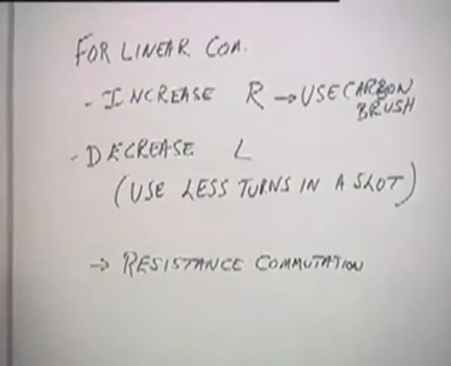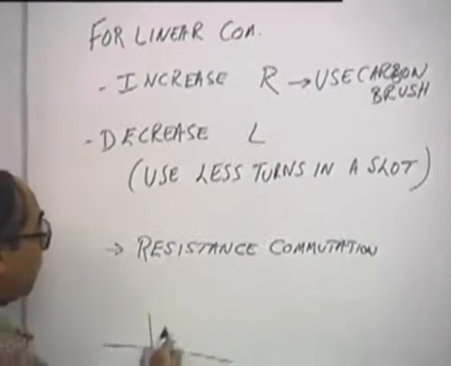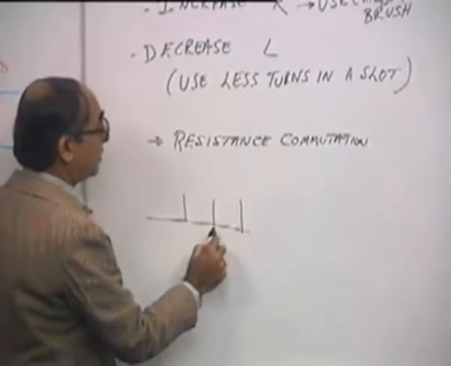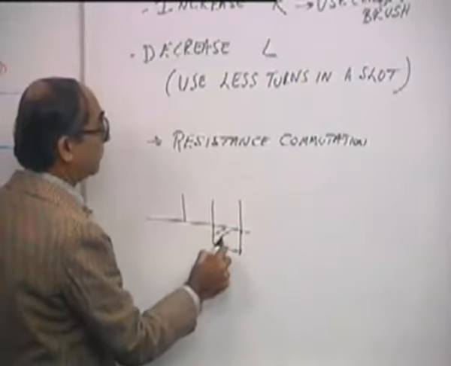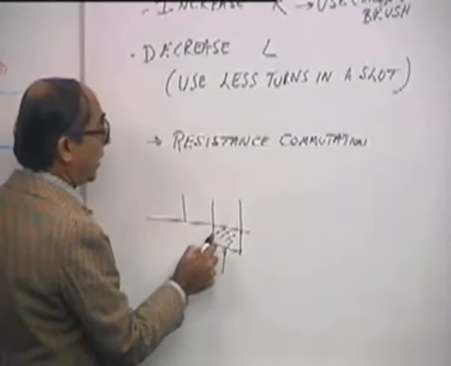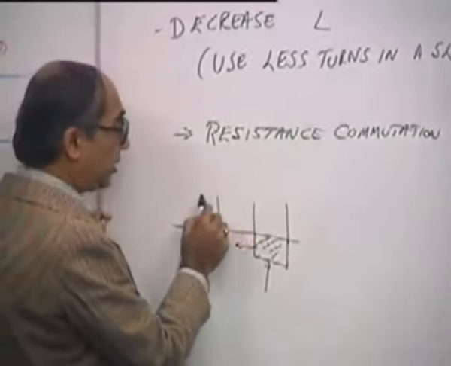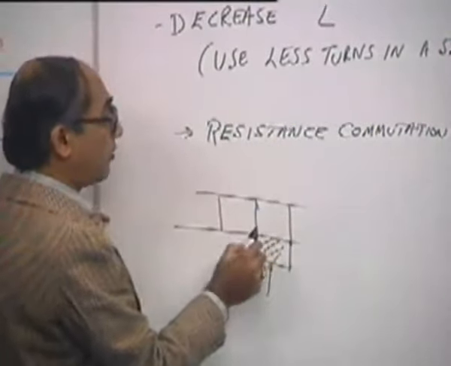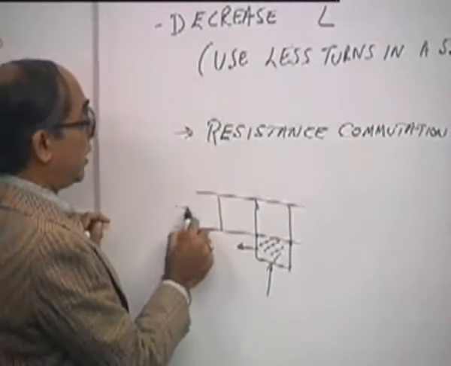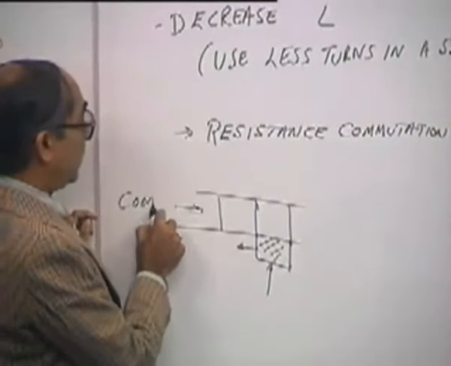So we notice that there is a brush which is touching the commutator segments, and it moves. So as it moves, the commutating coils, which are coils undergoing commutation, this is the commutator, this is the brush.